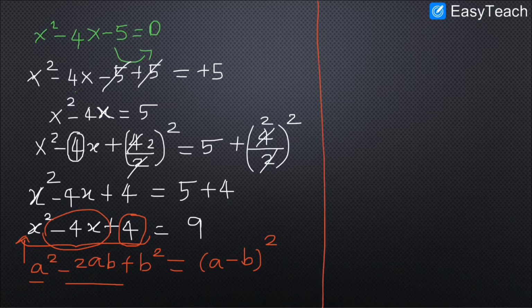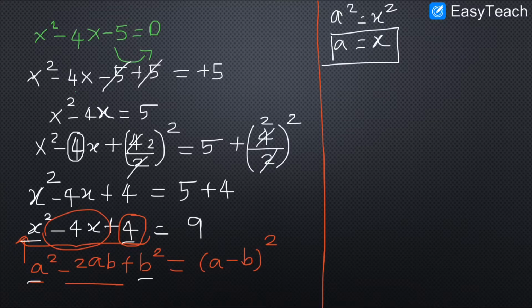Let me derive the a and b values from this equation. If a square equals x square, then a equals x. Here, if b square equals 4, then b equals 2.